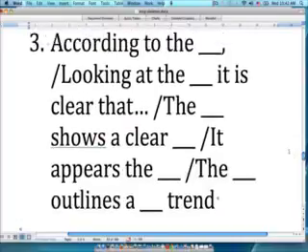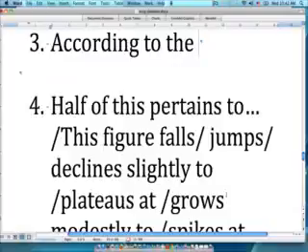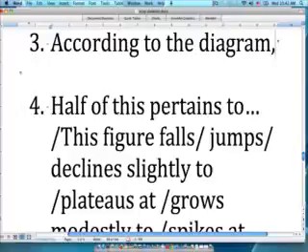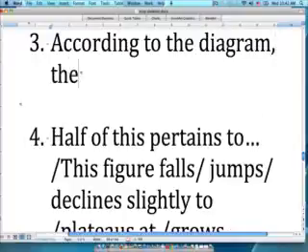So here we're talking about the diagram, and let's start with what we have here, according to the diagram. So I'll take all this away. According to the diagram, comma, now we want to state the largest figure, or the part of the information that is the majority of what is being shown.